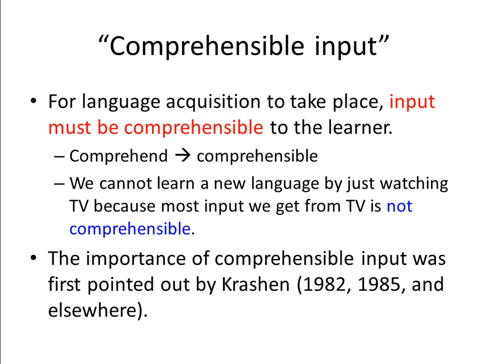The word comprehensible comes from the word comprehend. Comprehensible means that it can be comprehended, and to comprehend means to understand. So comprehensible means that it is understandable. It can be understood.